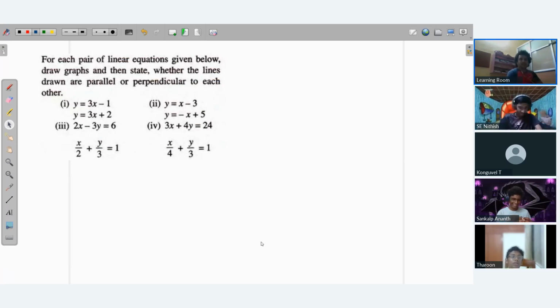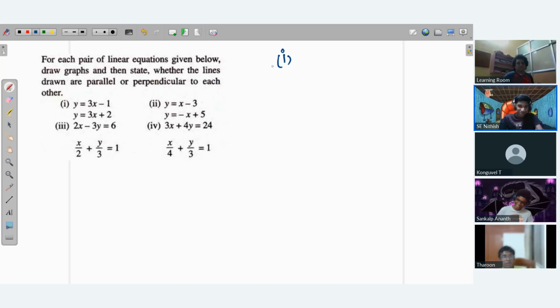So in this question, you draw the lines for the first part, and then tell me whether they are parallel or perpendicular to each other. Go for the first part. Can I take x and y as anything? The second, third, and fourth we don't have to do for now. We can take x and y as anything, like 0, 1, 3, 5.